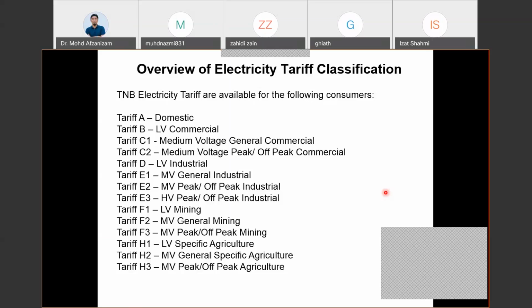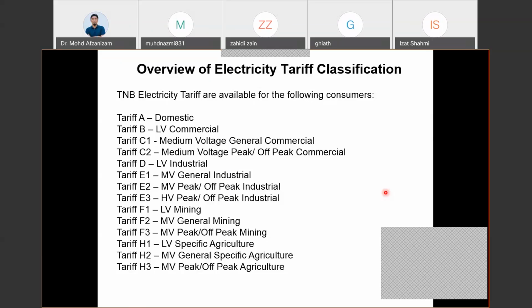So tariff A, LV. What is the meaning of LV? Low voltage commercial, medium voltage, until H3. So it depends.